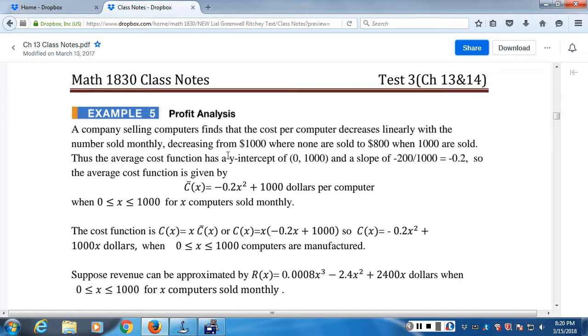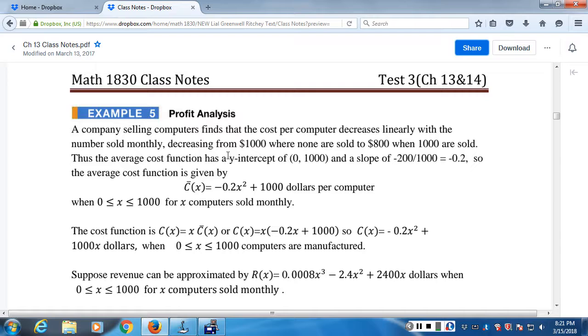Okay? Because this is your average cost function, and it says the cost decreases linearly. Okay, so that makes sense that it's not going to be squared. So the cost function is the average cost function times x. Yes, that's the one that should have the x squared in it, not the one up above.